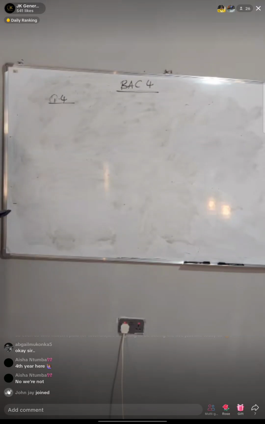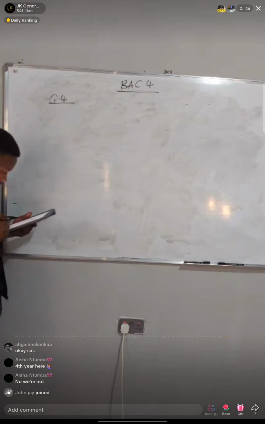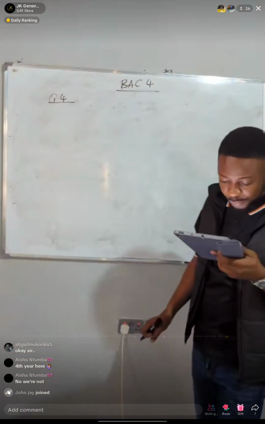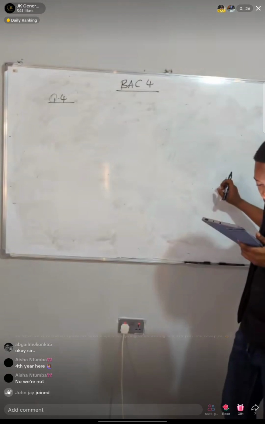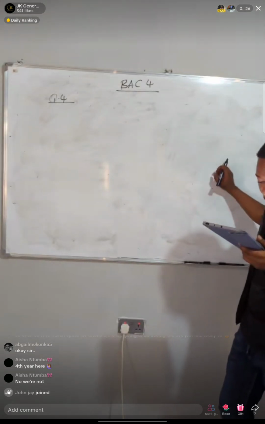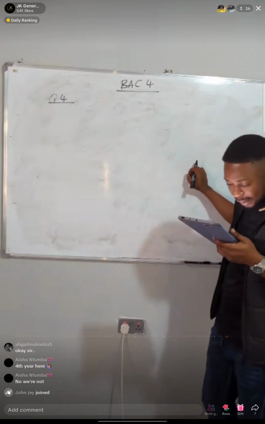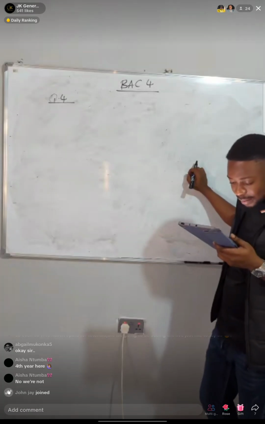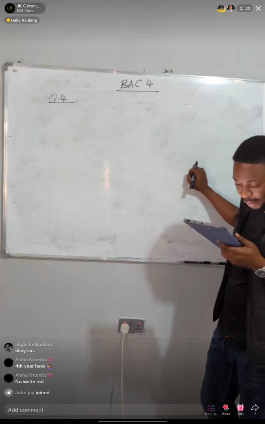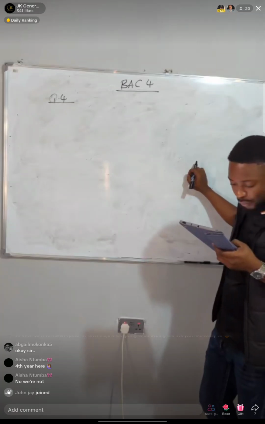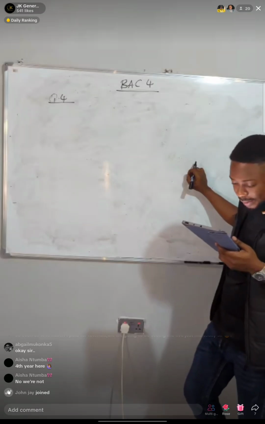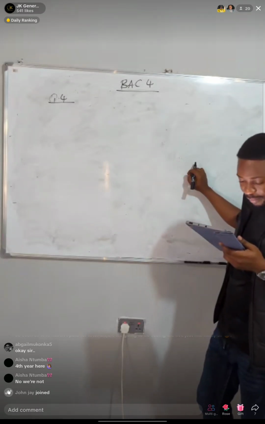The question reads: at what rate of simple interest will 16,000 accumulate to be 27,200 in 3.5 years?